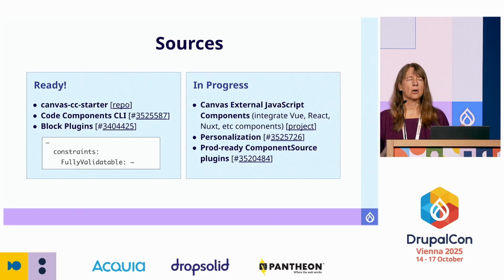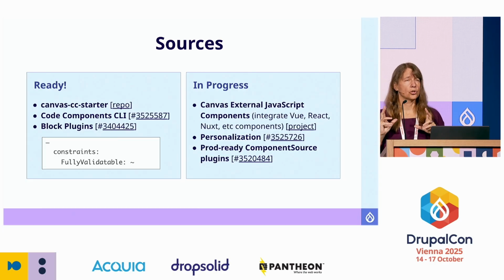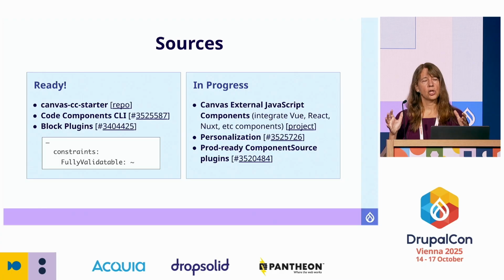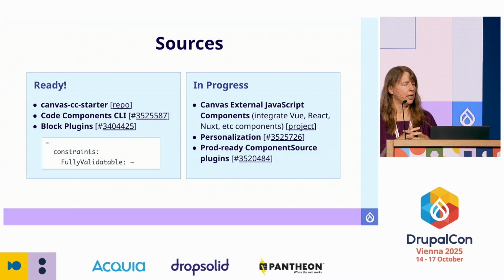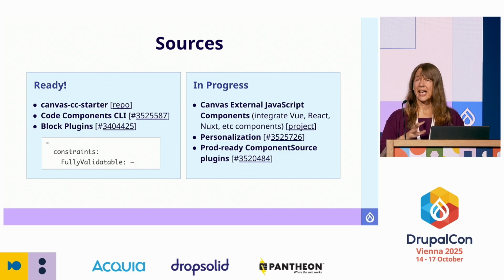If anyone's gone to Canvas talks, you'll see that there are code components, which are JavaScript components, which you can build in the UI. You can also pull them in. Balint and others have started this Canvas CC starter, which is CC for code components. It has a library of a bunch of starter components that you can work with if you want to do JavaScript components. You can pull those in and then play with those.